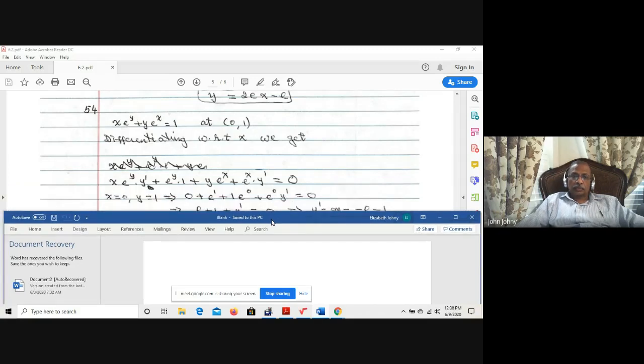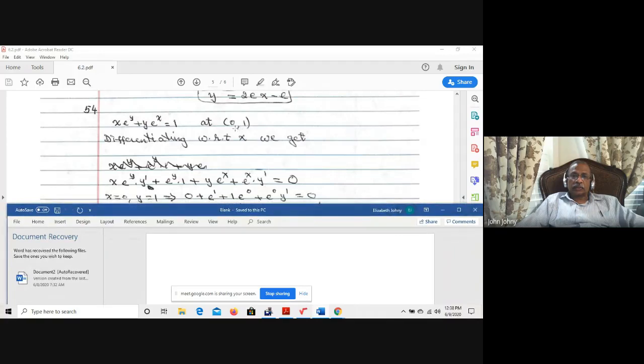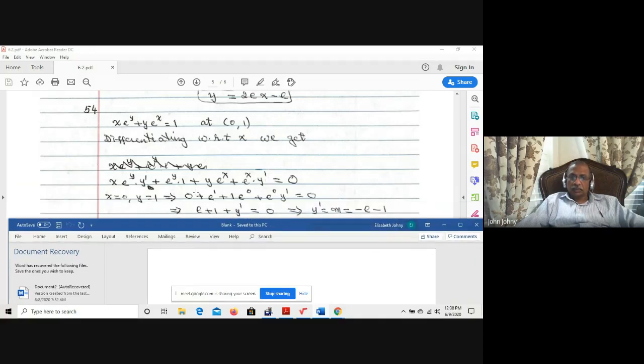Now set x equal to 0 and y equal to 1. Then x is 0, so the first term is 0, y is 1, so this is e to the 1. Here y times 1 times e to the 0 plus e to the 0 times y prime, e to the 0 is 1.